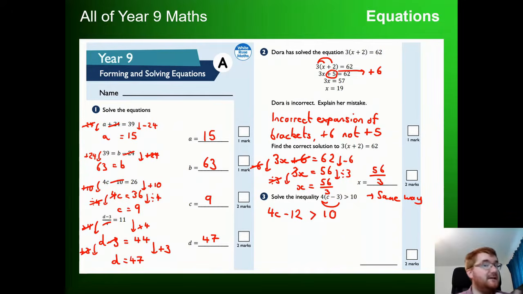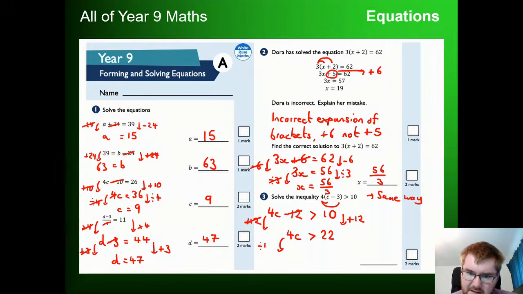Notice I haven't really talked about the inequality much here because I'm still going to do it in the same way. Okay, so what's the opposite of minusing 12? Add 12 on both sides. This cancels. We're left with 4c is greater than, well, 10 plus 12 is 22. Again, don't be afraid of a fraction here. So what's the opposite of timesing 4?